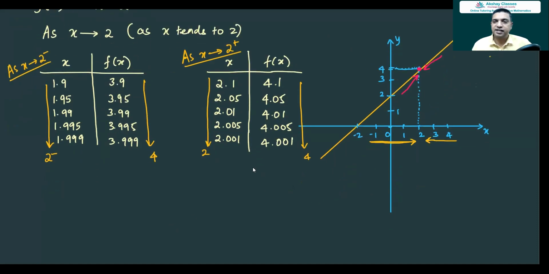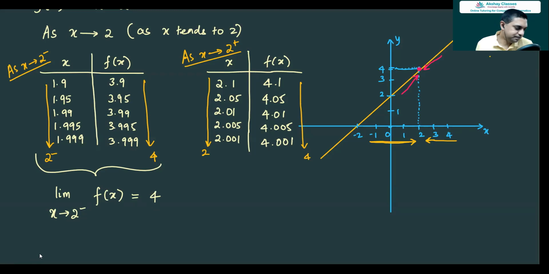This part we write as limit x tends to 2 minus f of x is equal to 4. Remember, when we write it as equal to, what it means is as x tends to 2 minus, f of x tends to 4.